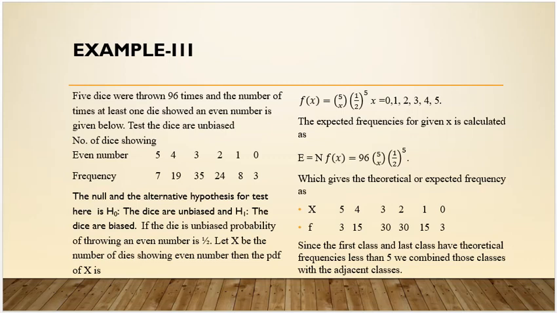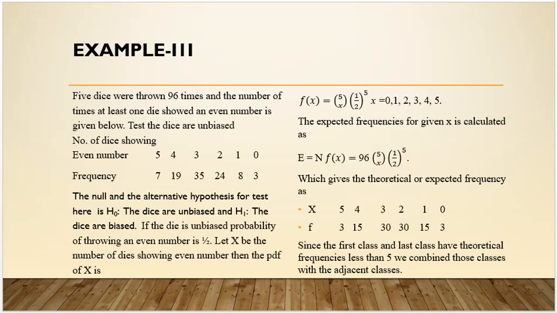If the dice are unbiased, then it follows binomial distribution with p equal to 1 by 2, and the values are 0 to 5, that is 0, 1, 2, 3, 4, 5, with the given frequencies. Since it is given that the dice are unbiased, the even number turning up or the odd number turning up will be in the same way.